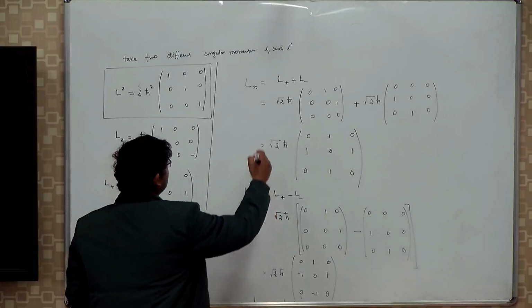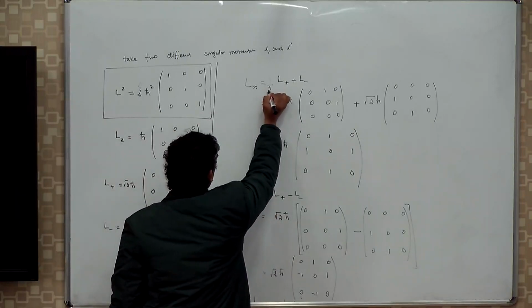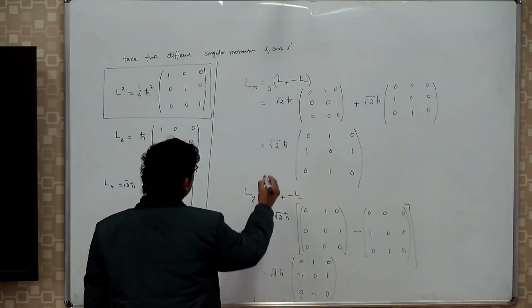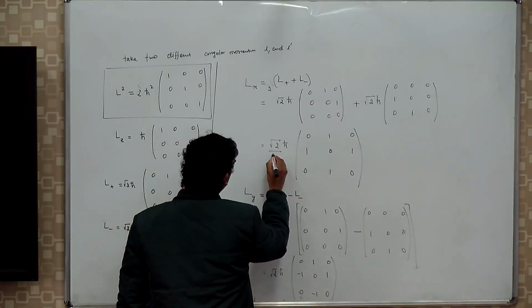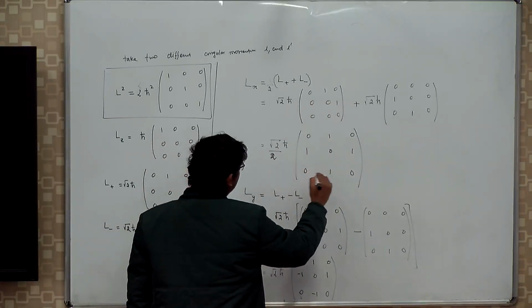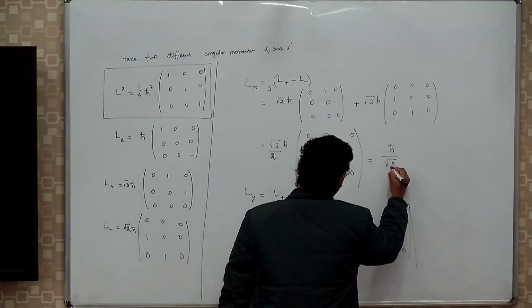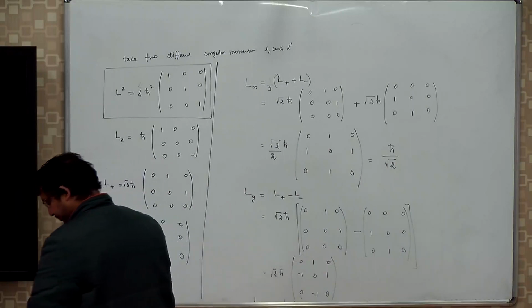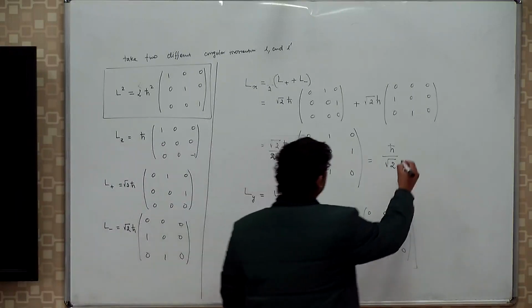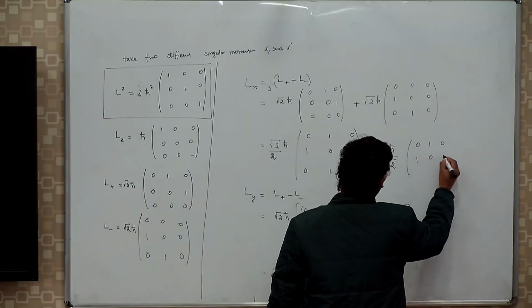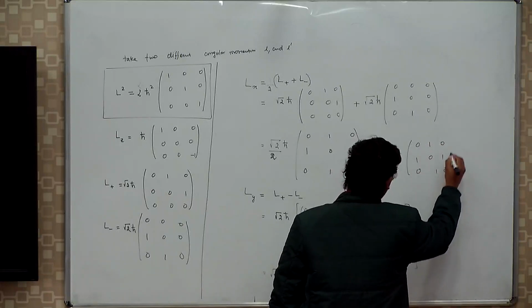Lx is nothing but 1 over root 2. Then if it is 1 over root 2, this equation is h cross divided by square root of 2 times 0, 1, 0, 1, 0, 1, 0, 1, 0.